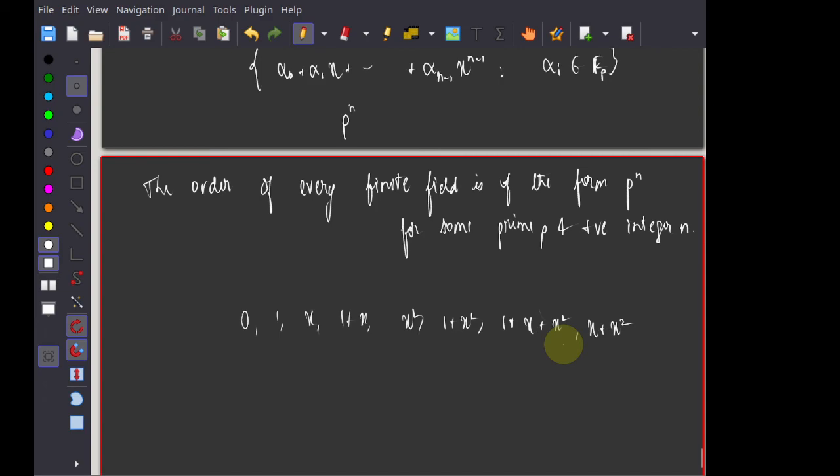Correct. But we are getting the same elements. They're not exactly the same. So this is x mod that polynomial.